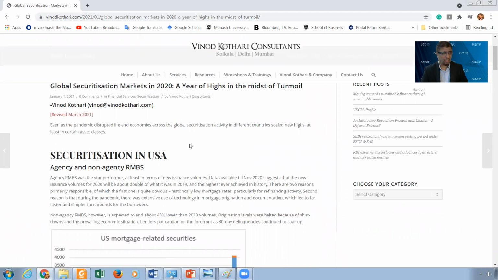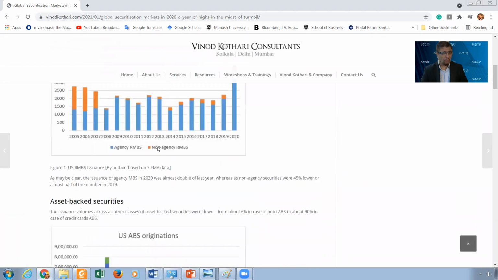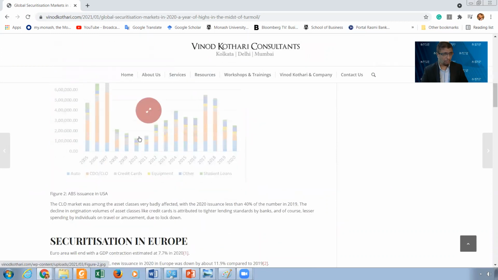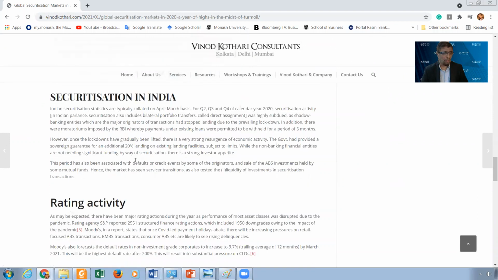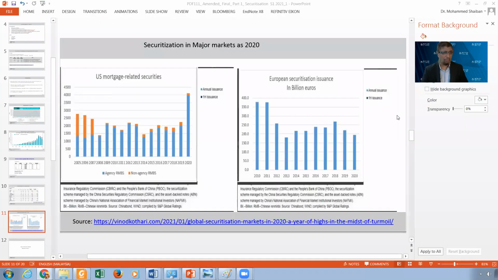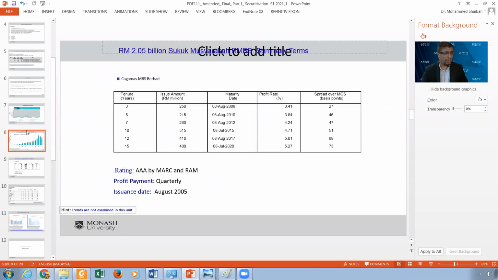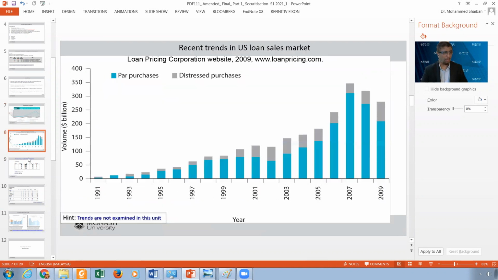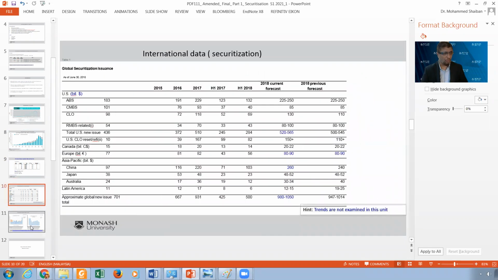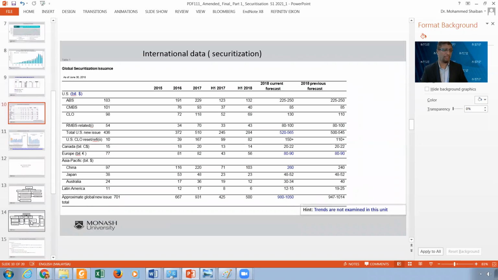From a consultant in India, they talk about the US, China, Europe, and also India. If you have time, you can look at this. It's very interesting. But anyway, whether we are talking about this slide or that slide, all these trends, you are not responsible for them in the exam. It is just for the sake of understanding.